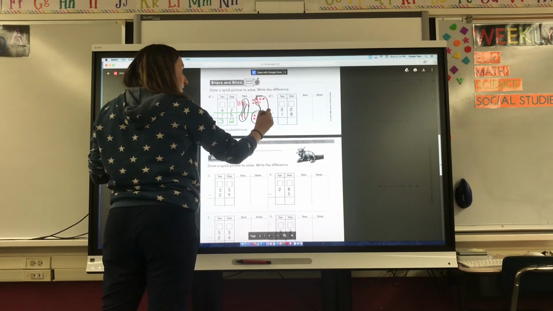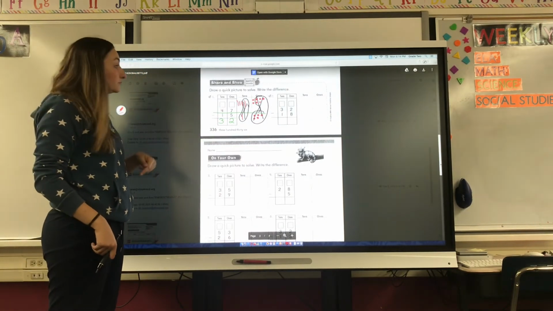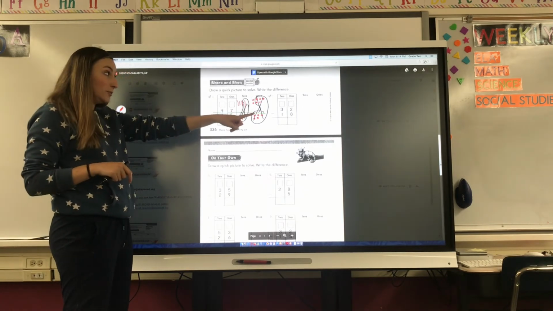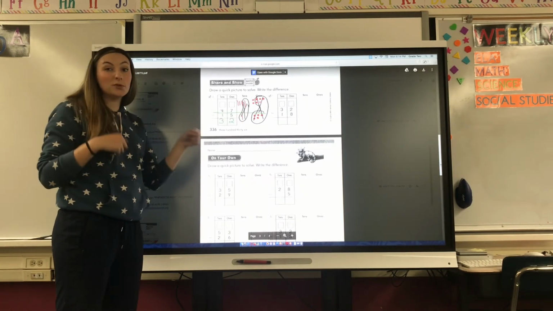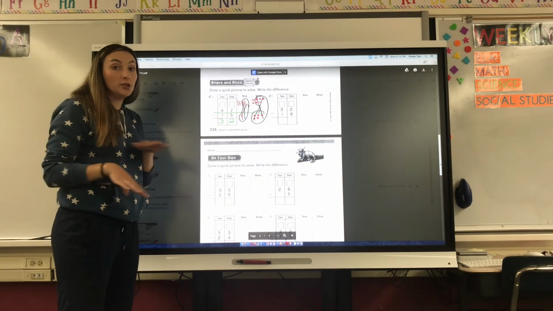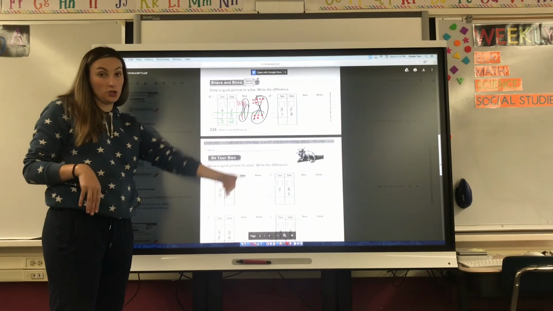My funny shapes. And that shows me that I have 32. Do you understand? Okay, because we're going to do number 2, and then you guys can review your packets and see if you did it the way that I'm doing it. If you didn't, that's fine. You don't need to redo it. I just want to show you the way that we're going to keep going through and doing it.